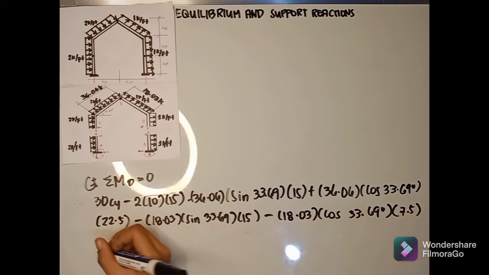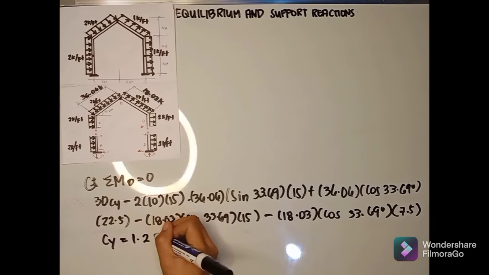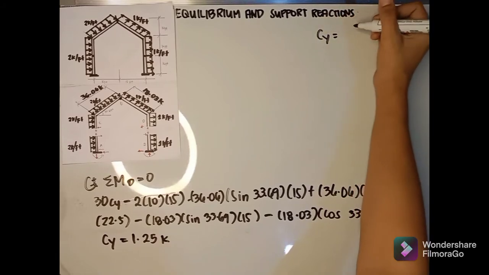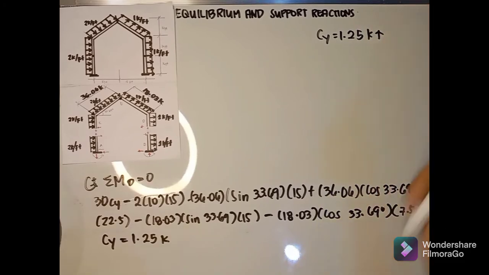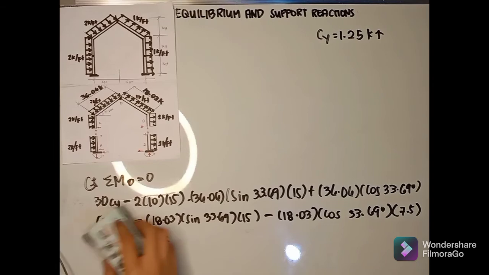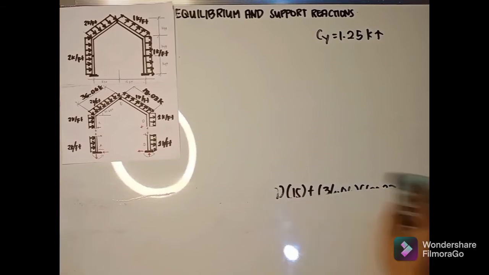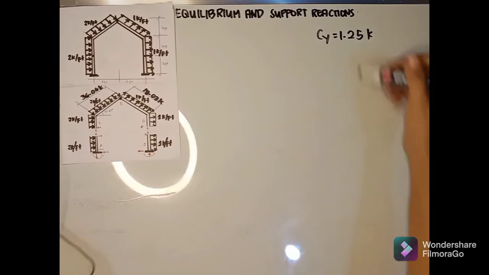Okay, so solving for our Cy, Cy is equal to 1.25 kips. It is downward, because our assumption is downward, so our assumption is correct.